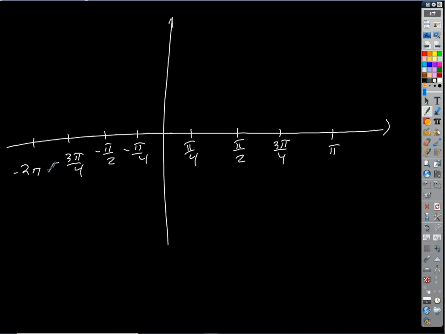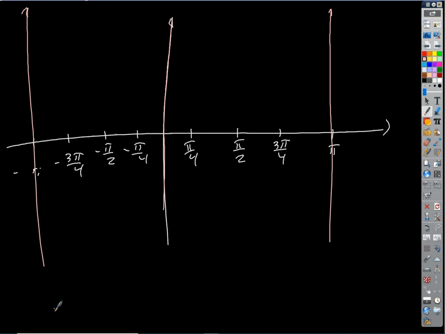What's it look like? We had asymptotes at all the multiples of pi, right? So I'm getting asymptotes here. Oh, I don't need a 2 pi over there, do I? And this is just going to keep repeating, right?